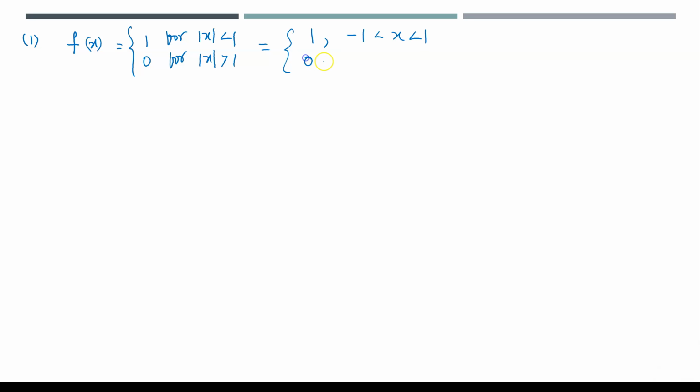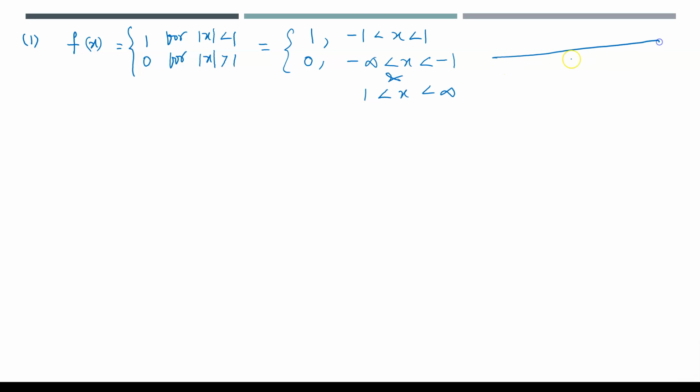Now, what is the given function? Given function f(x) equal to 1 for |x| less than 1 and 0 for |x| greater than 1. This is the given question. Now, this function can be written as 1 for minus 1 less than x less than 1 and 0 for minus infinity less than x less than minus 1 and 1 less than x less than infinity.